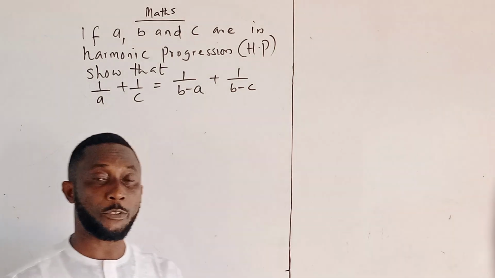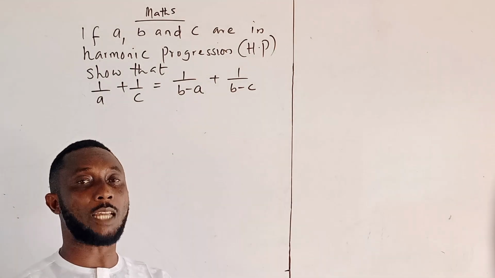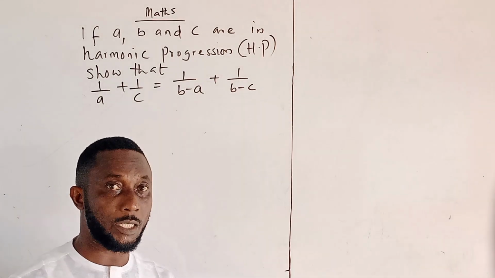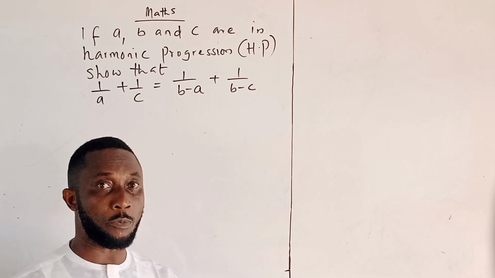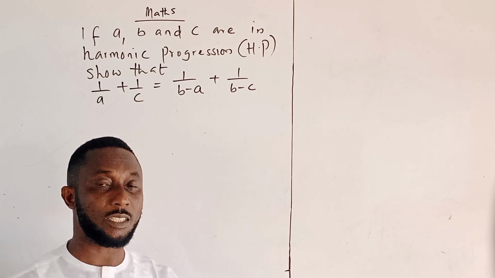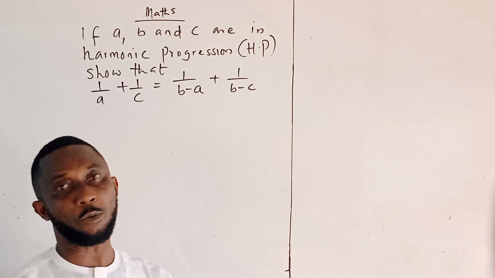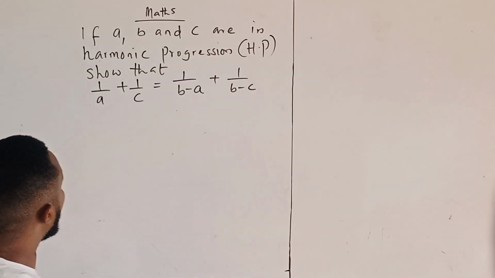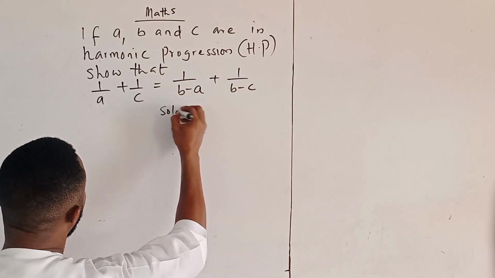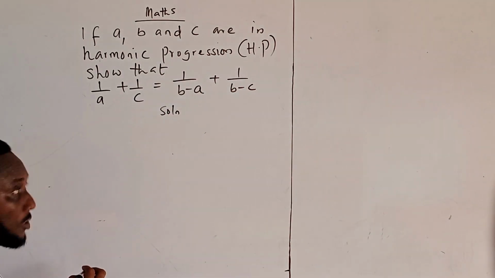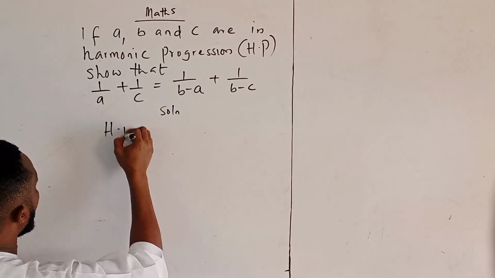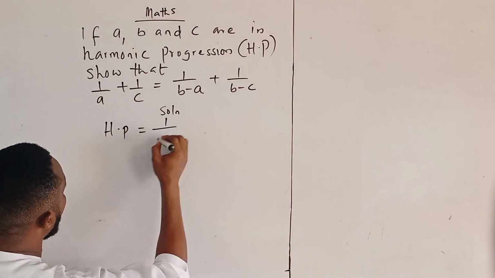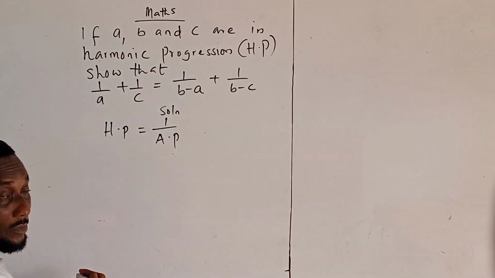Before we delve into the solution, there are basically three types of progression: the arithmetic progression and geometric progression, which we are all familiar with, and harmonic progression. The harmonic progression is the inverse of the arithmetic progression. So HP equals the inverse of AP.